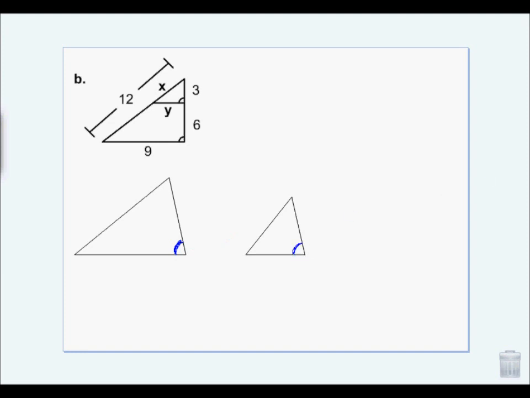Okay. So labeling the big one, that's pretty easy. This big part is 12. This is 9. And this is also 9. On my small one, this one's a little easier because it's not rotated. So I have 3, y, and x.